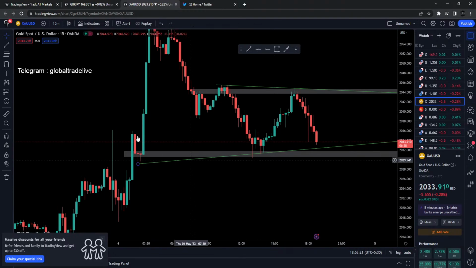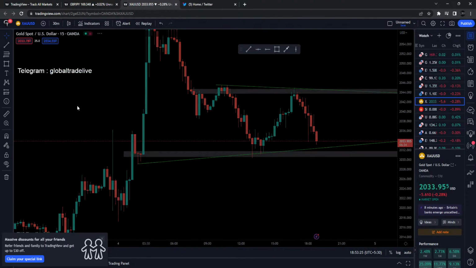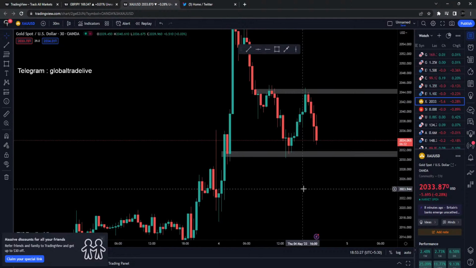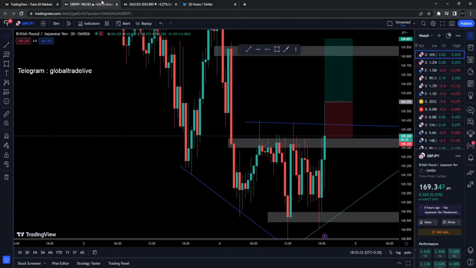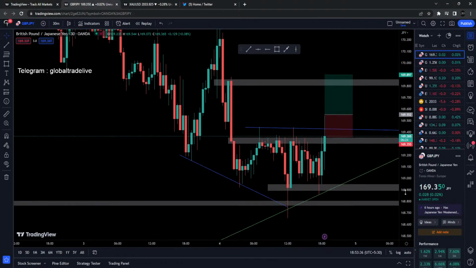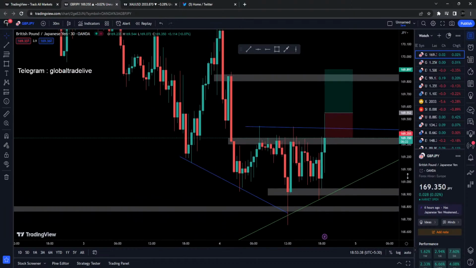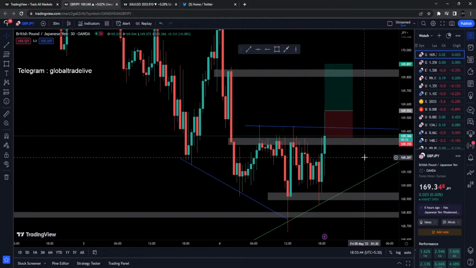Gold is also pushing the price down right now, but it hasn't created a resistance, so not entering. But in this case, so still got 6 minutes left. If not this candle, then I think the next candle will be moving up.